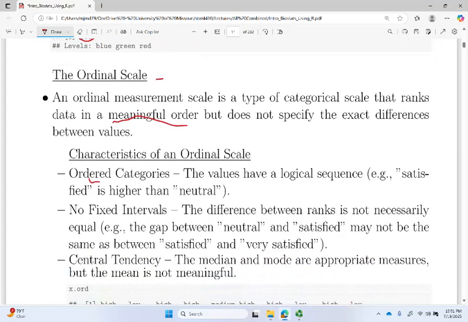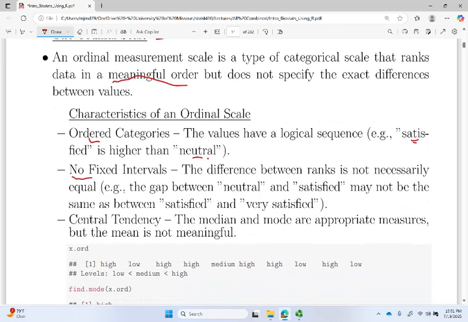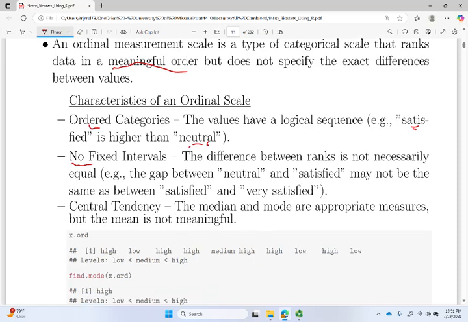So it's essentially ordered categorical variables. So satisfied is higher than neutral, or dissatisfied is lower than neutral and lower than satisfied. Okay, there's no fixed intervals. And I think that is a mistake that's made sometimes, that you assume there's an equal distance between dissatisfied and neutral and satisfied, but there's not.